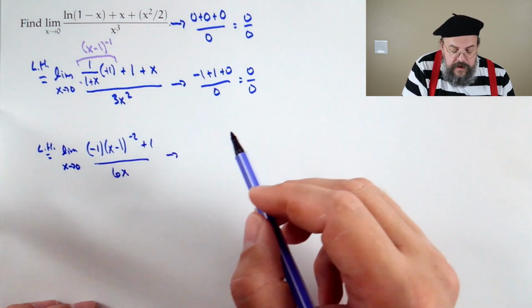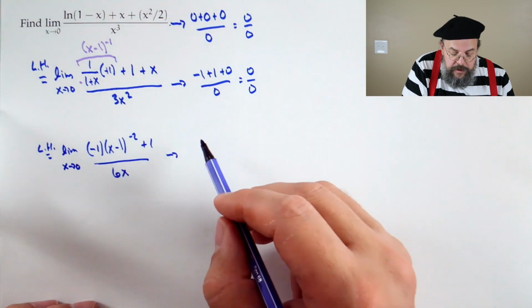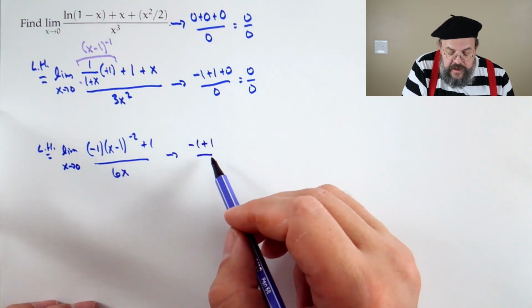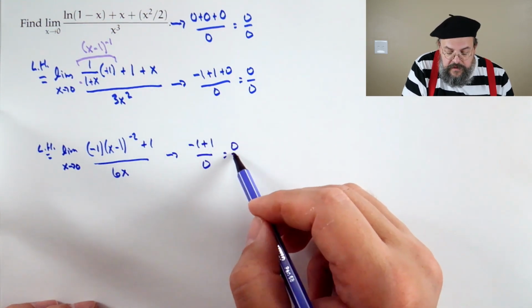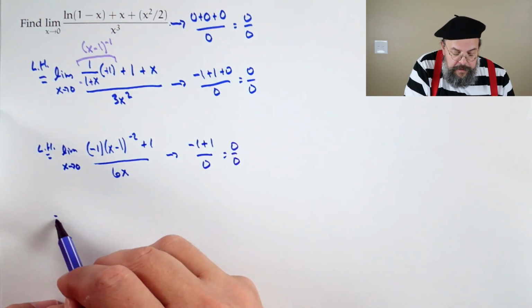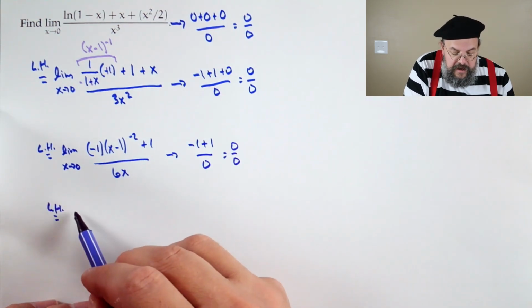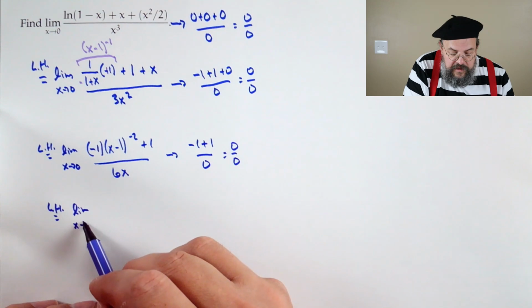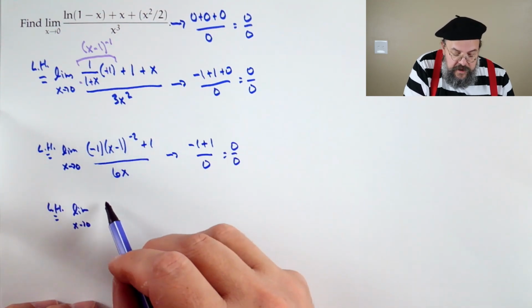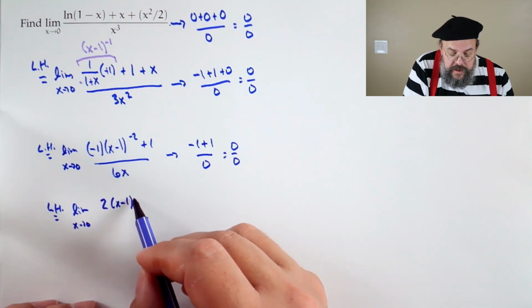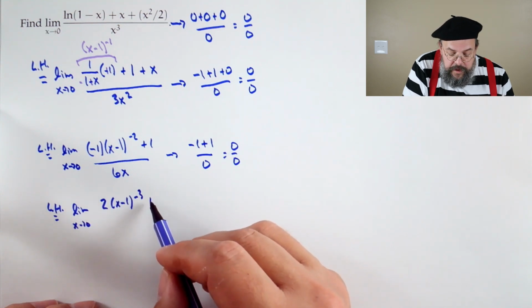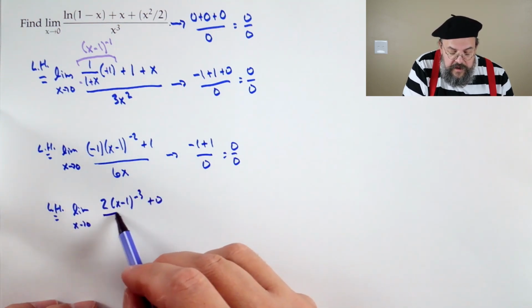That goes to minus 1 plus 1 upstairs, and 0 downstairs, which is 0 over 0. So, apply L'Hopital again. And what do you see? The limit as x goes to 0, minus 2 comes down: 2 times x minus 1 to the minus 3, plus 0, since the derivative of 1 is 0, over 6.